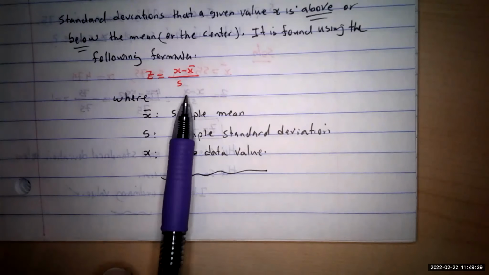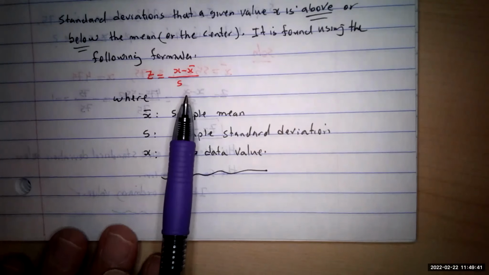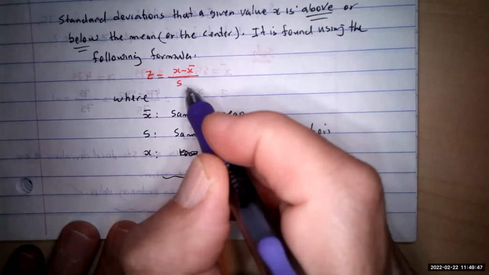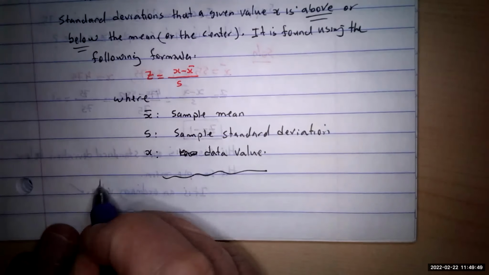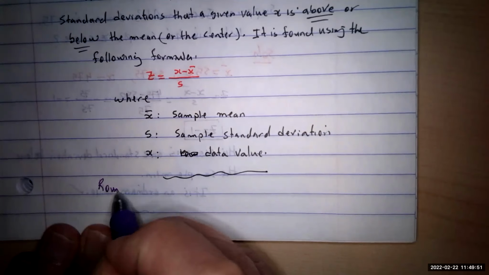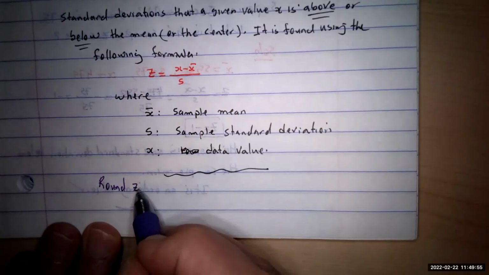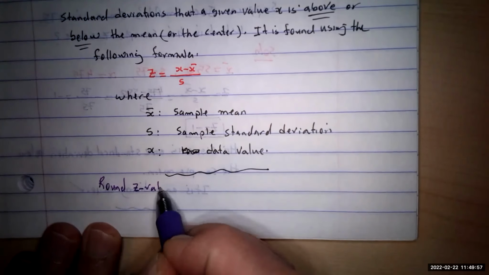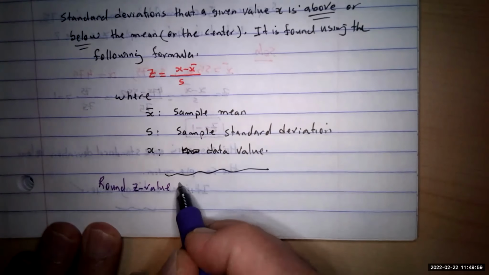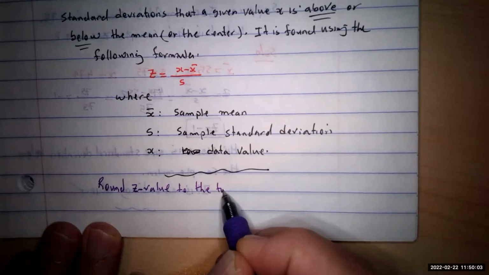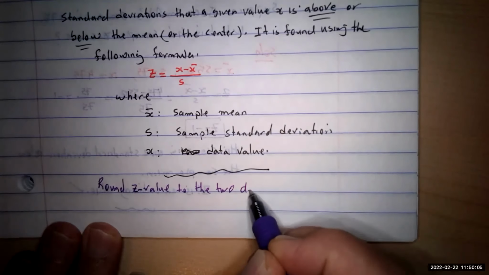If you get a decimal number, you must round it to 2 decimal places only. Make a note. We are going to get to it and I'll explain it again, but round the Z value to 2 decimal places.